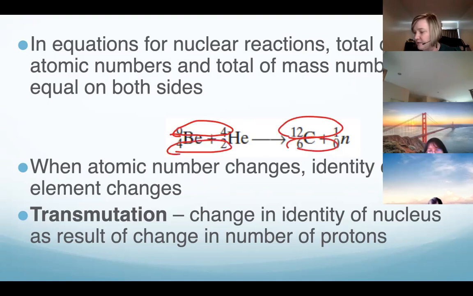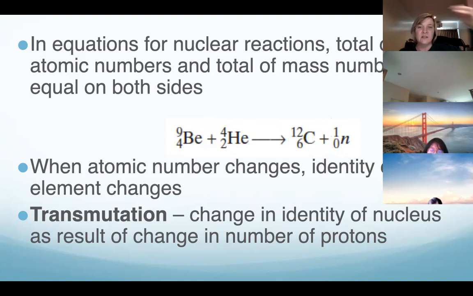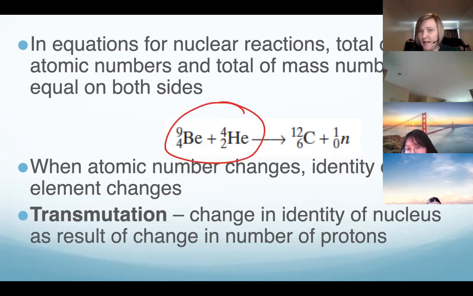Sorry, I'm covering half of it, but you know what I mean. So all the numbers on the top have to equal all the numbers on the bottom. And of course, if the atomic number changes, the identity of the element changes, and that's called transmutation. So in this example, we have a beryllium atom that absorbs an alpha particle and turns into a carbon atom and releases 1 neutron. Because we have changed the atomic number, which is always on the bottom, it's gone to 6.